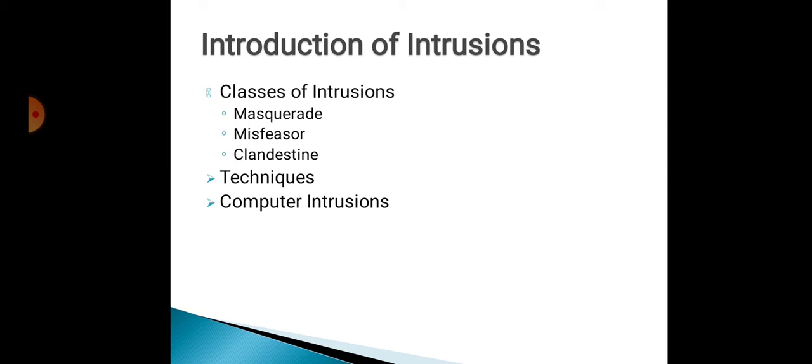And third is clandestine user, who seizes the supervisory control of the system and uses it to evade auditing and access control. So these are the three classes of intrusion: masquerader, misfeasor and clandestine.